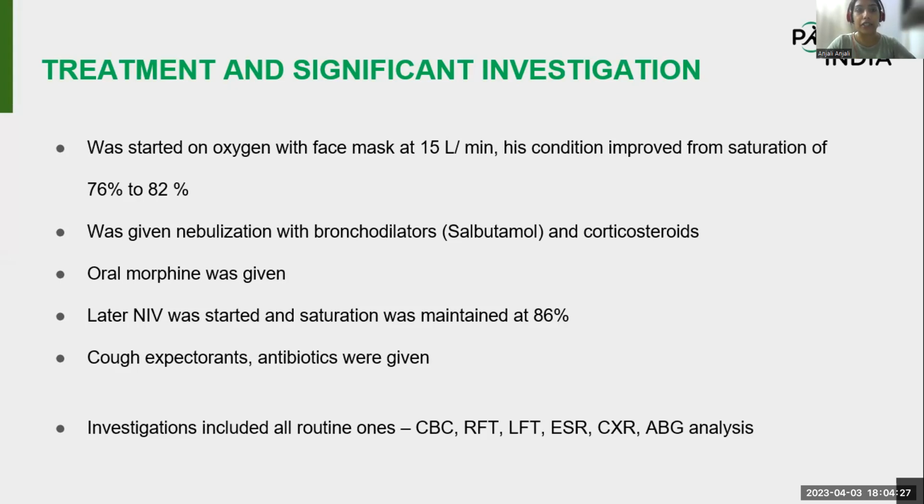He was given nebulization with bronchodilators, salbutamol and corticosteroids. Even oral morphine was given, and later NIV was started and saturation was maintained at 86%. Cough expectorants and antibiotics were given as adjuvants. All routine investigations like CBC, RFT, LFT, PSI, chest X-ray, and ABG analysis were done.